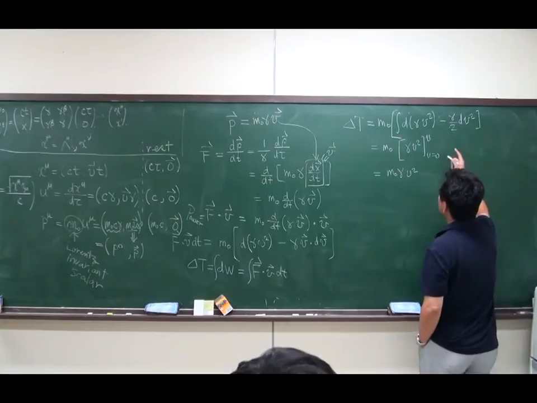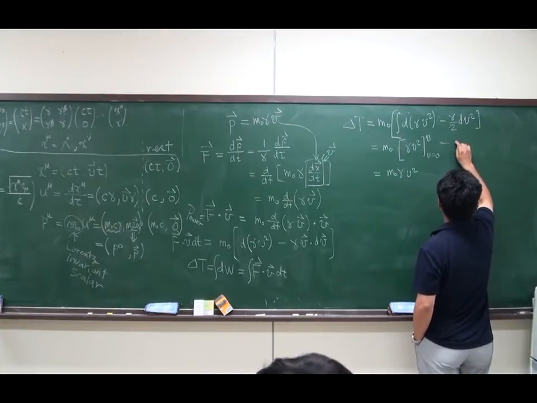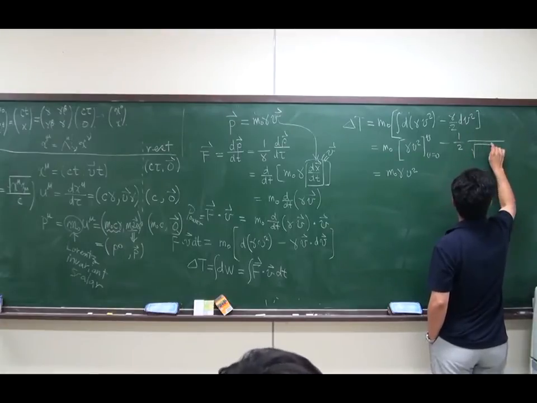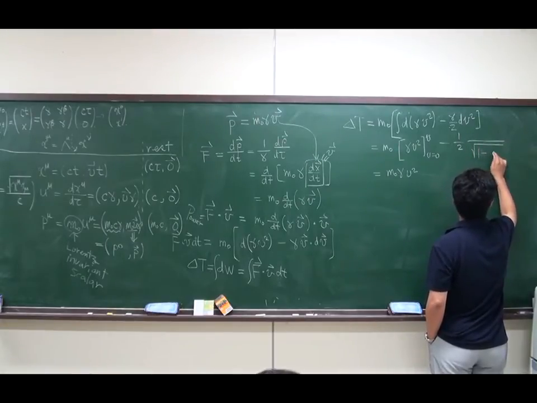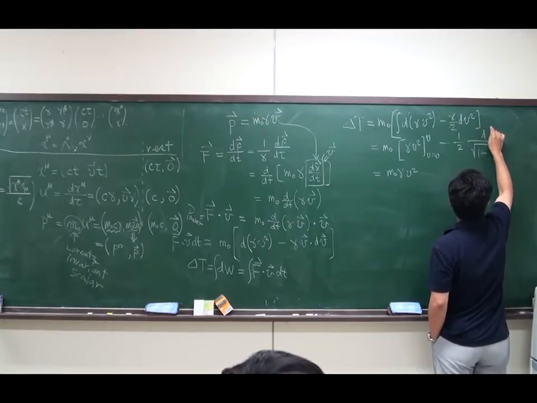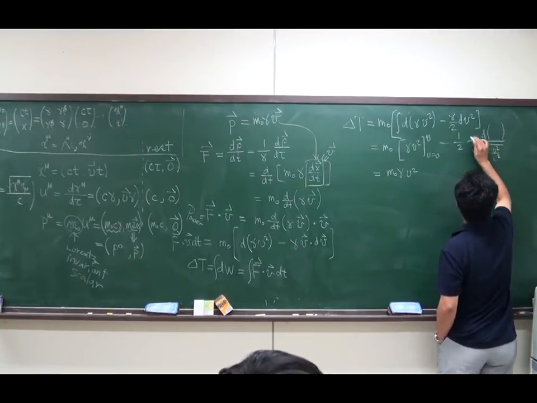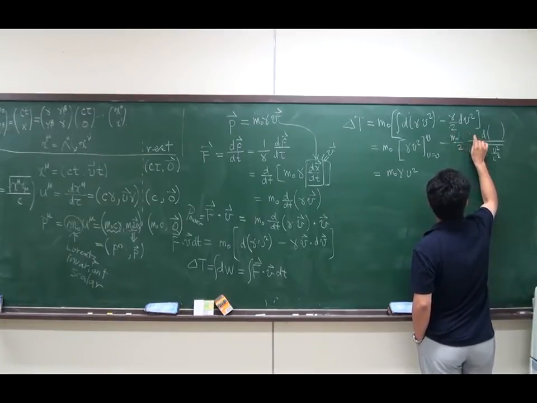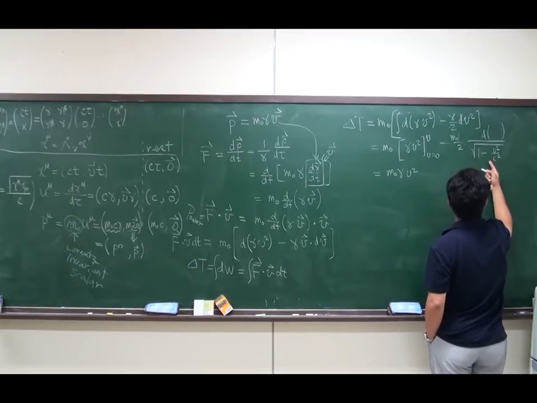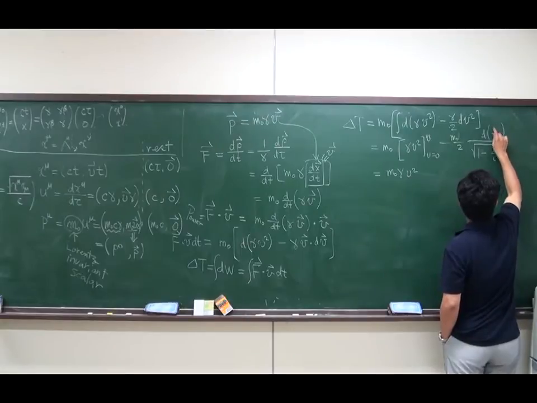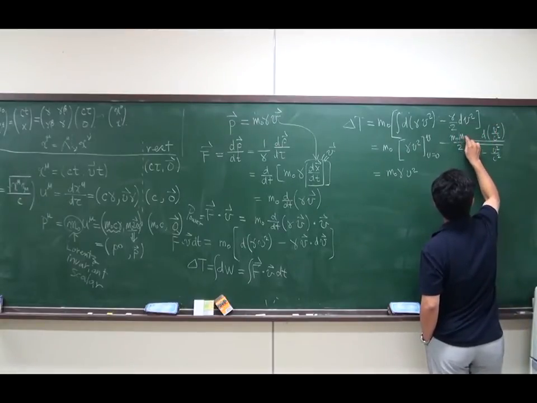And the second term is minus m0 gamma. Gamma is this, and let me put c squared in the denominator and multiply c squared here.